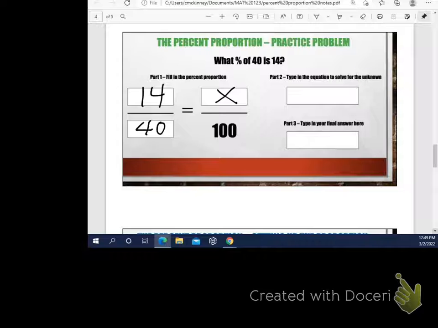So when I cross multiply, this could be on the left or the right, but 40x is 1400. Then we divide by 40. And what does x equal? 35%.